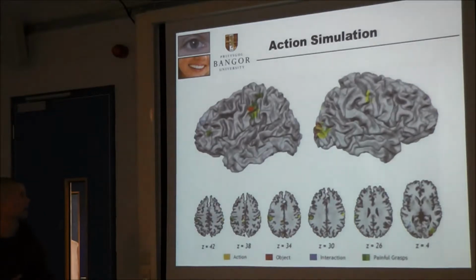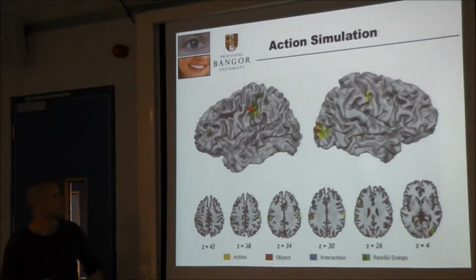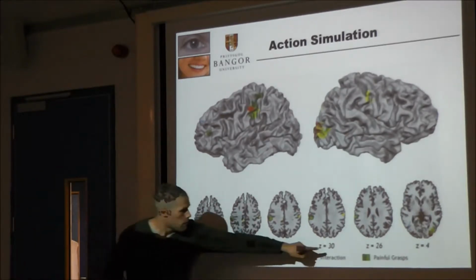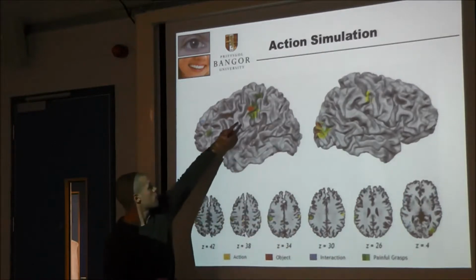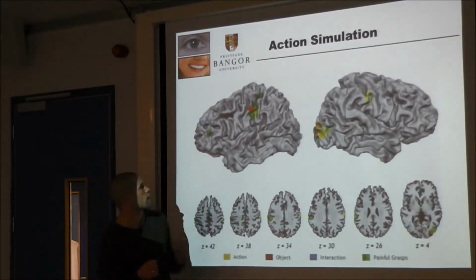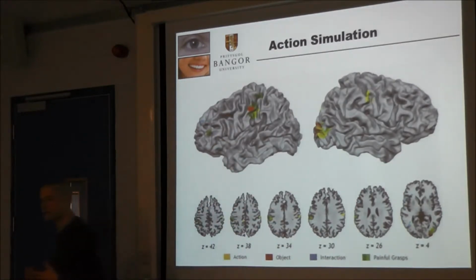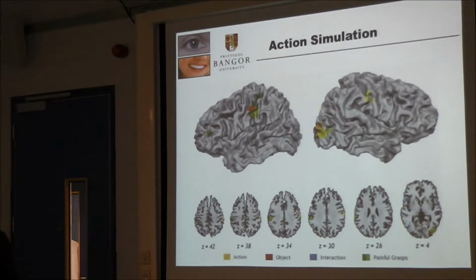And similarly, in functional analysis of these kinds of tasks, where the participants do the same kind of tasks in the scanner, when they're watching the painful grasp condition, we can see this representation in somatosensory cortex. So these participants appear to be representing the painful grasps of another individual who they're watching, reaching out and interacting with noxious objects, in the area of their cortex that would represent that kind of sensory stimulation were they to be feeling it themselves.